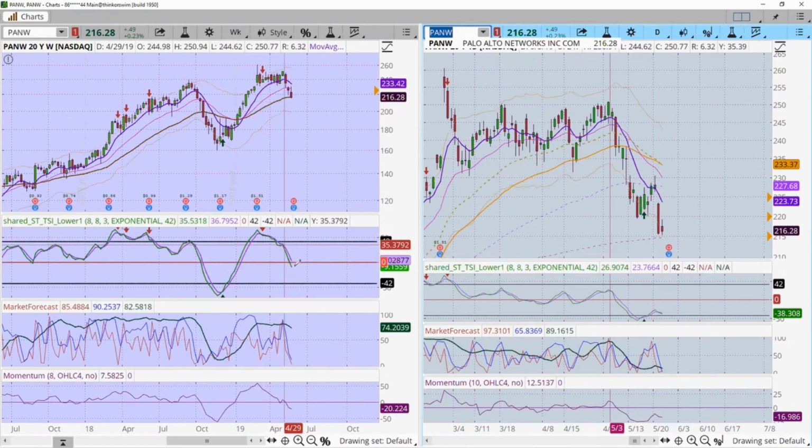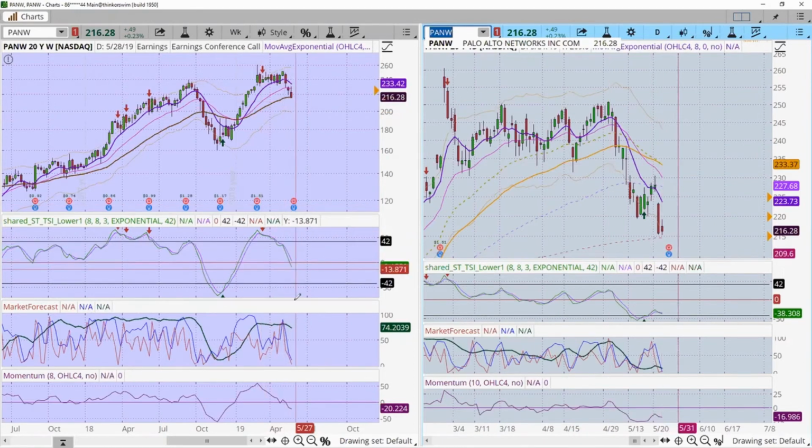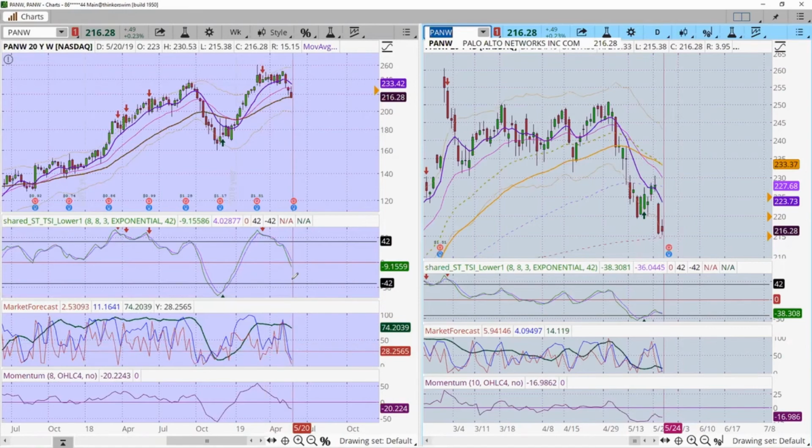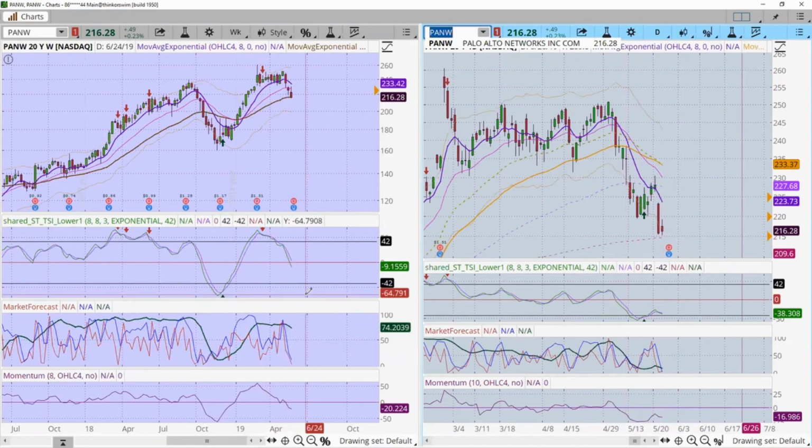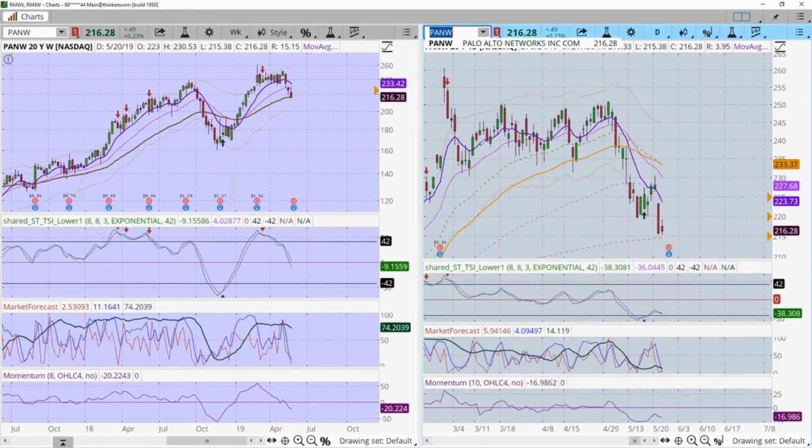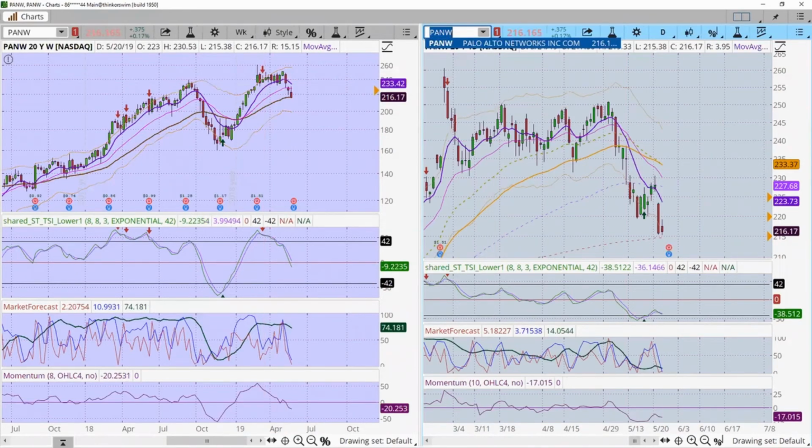The TSI on the weekly chart is heading down towards the seller, which in reality is a good thing because that's where it's going to be providing us some triggers to go into a longer term trade. What we're looking at for next week is just a short term trade to get into something for the earnings itself. That's one of the strategies that we do that's been doing quite well for us. So that's all I have for the individual stocks.